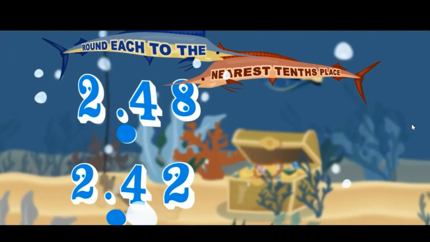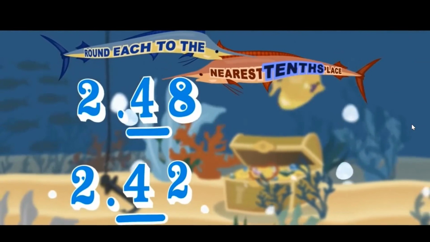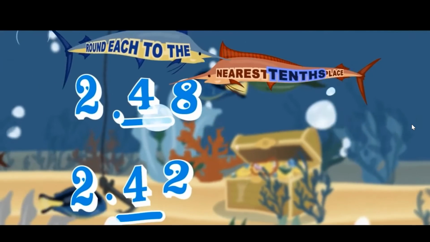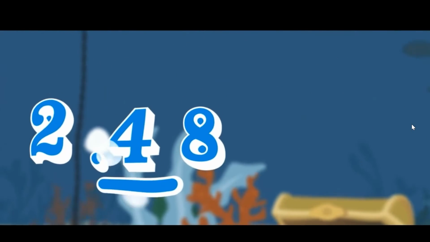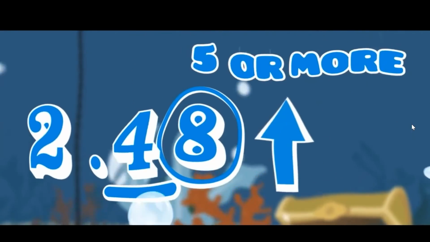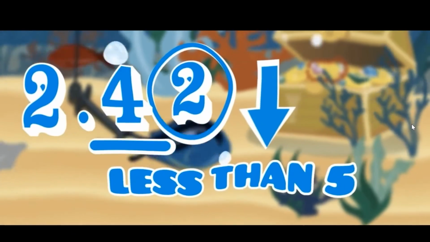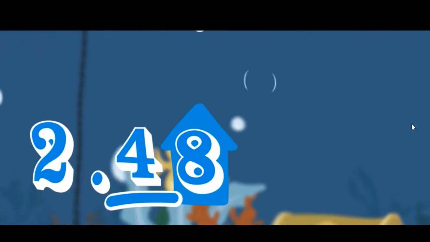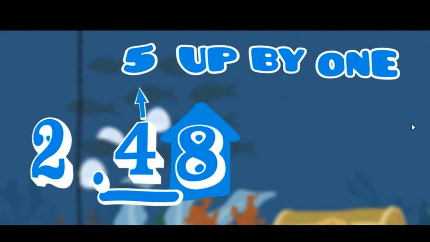But when rounding to a decimal place value, find the rounding place and then continue. The process to round decimals is the same. You just need to know the place value names. The number to the right must be found. 5 or more, round up, less than 5, round down. When rounding up, the rounding place goes up by 1.